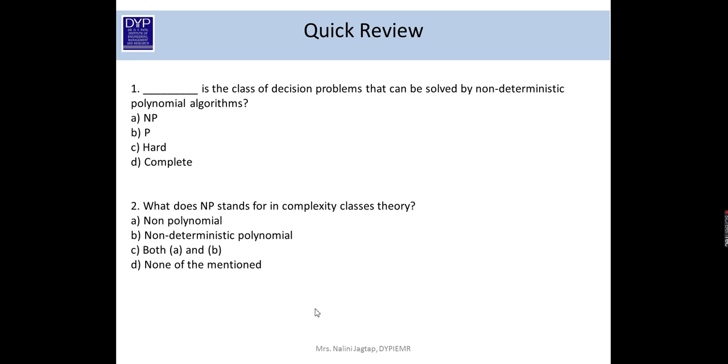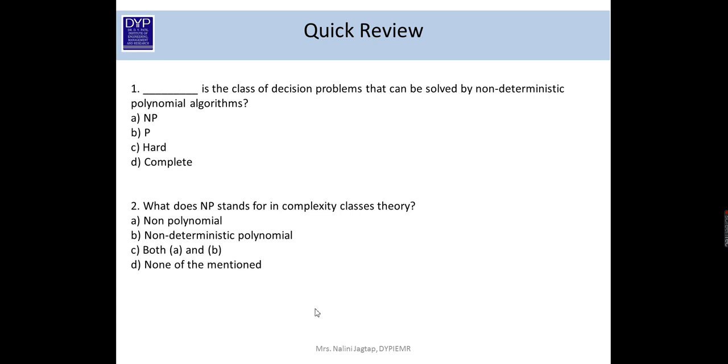Now let's have a quick review. The first question is: dash dash is a class of decision problems that can be solved by a non-deterministic polynomial algorithm. Can you think of the answer? You have options as NP, P, hard or complete.